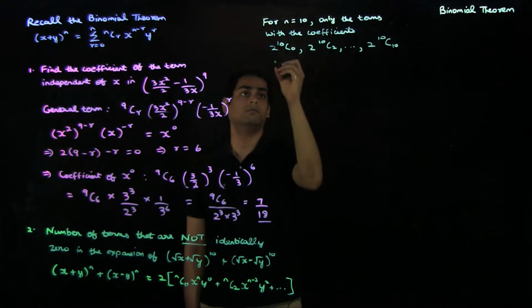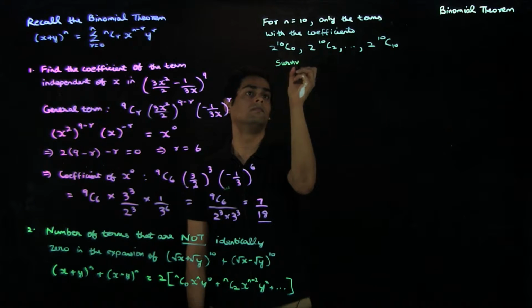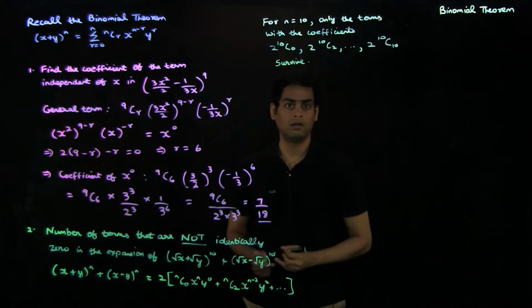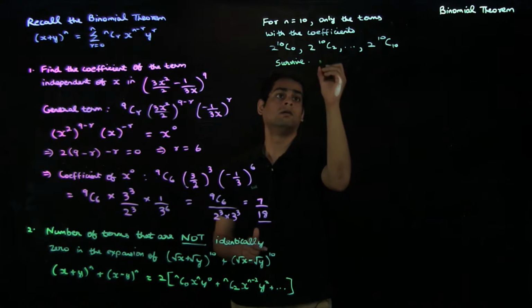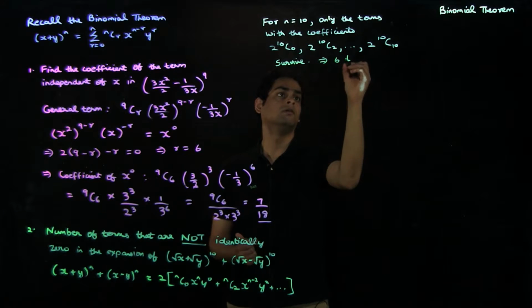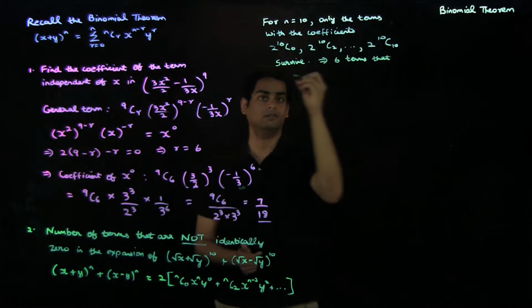Only these terms survive. And so this gives us a total of 6 terms that are not identically 0.